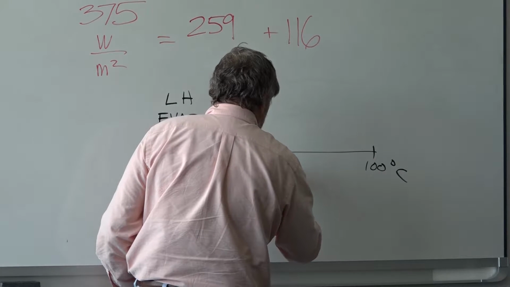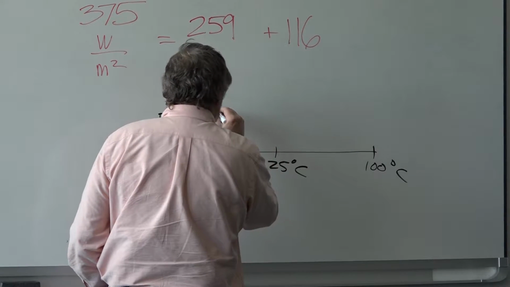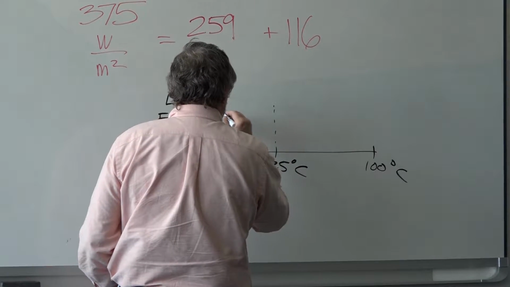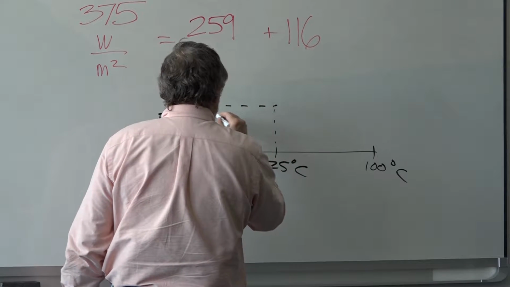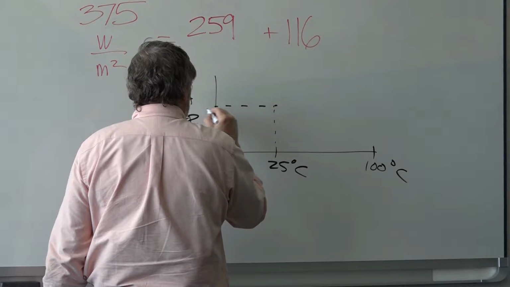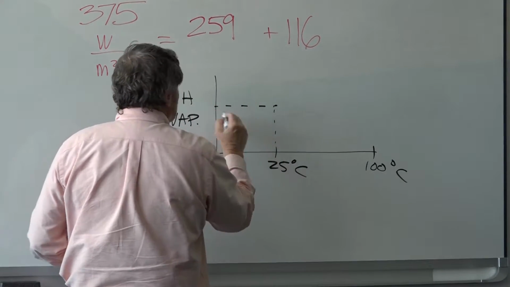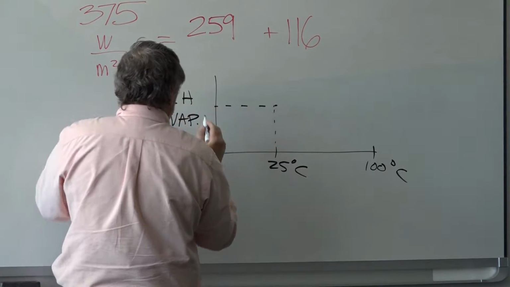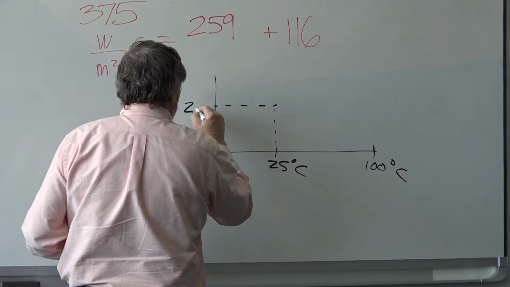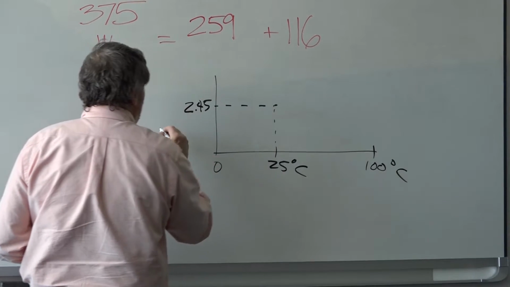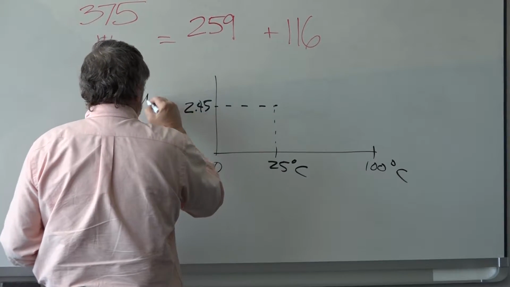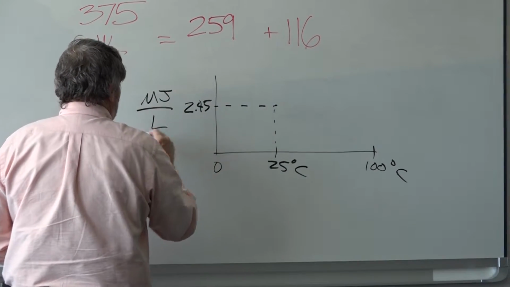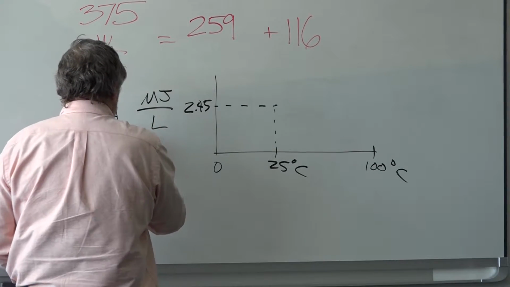So this is 2.45 megajoules per liter, latent heat of evaporation.